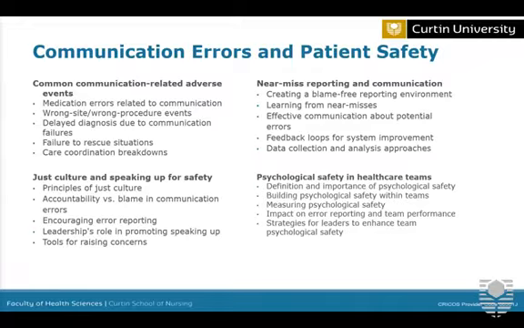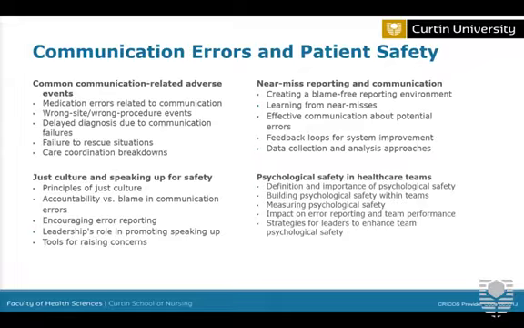And the NSQHS has a variety of tools that are available for raising concerns, just as each hospital and health service has processes for raising concerns as well. Psychological safety in healthcare is really important because if people don't feel safe, they won't speak up.